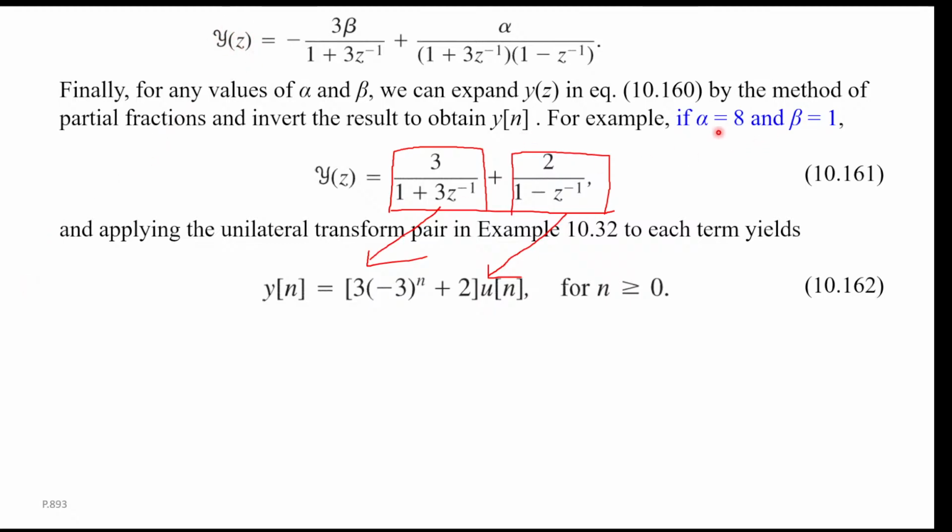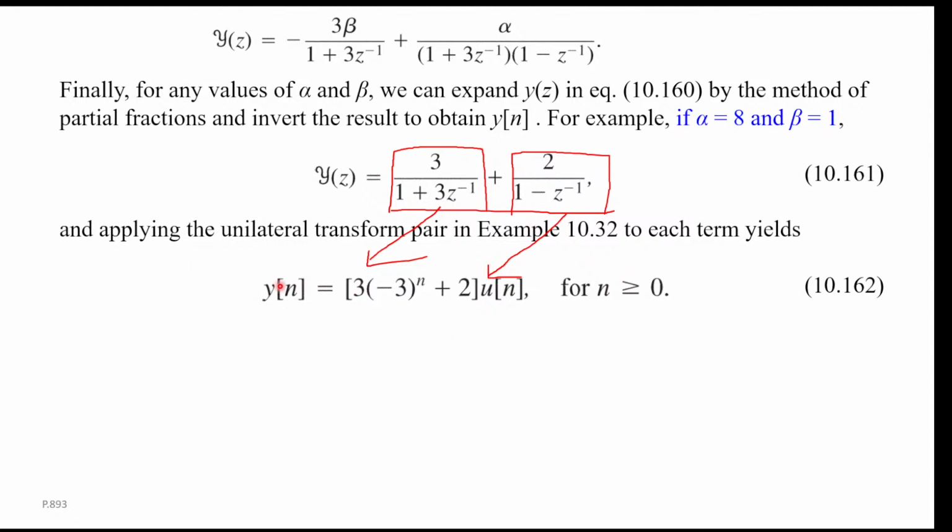So for example, we have alpha equal to 8 and beta equal to 1. Then we have our Y of z now as a rational function of z-1. And we can do partial fraction expansion. Anyway, we get some partial fractions of this z-1. And then we can do the inverse unilateral Z transform, basically by doing the inverse bilateral Z transform, picking the region of convergence outside.